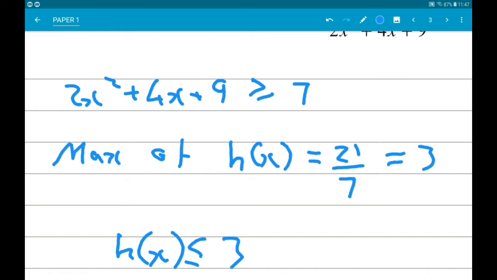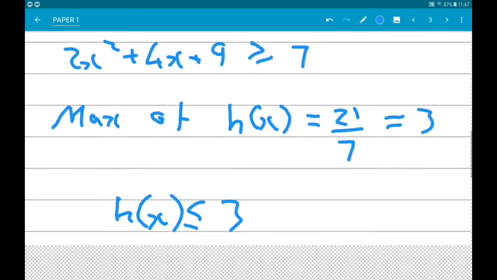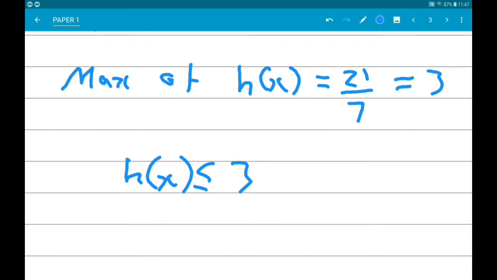And the answer is no, because 2x squared add 4x add 9 is always positive. So, because 2x squared add 4x add 9 is always greater than 0, h of x is always going to be greater than 0.